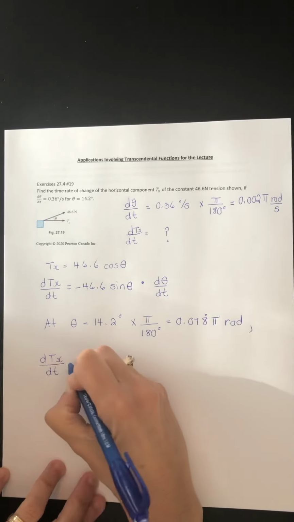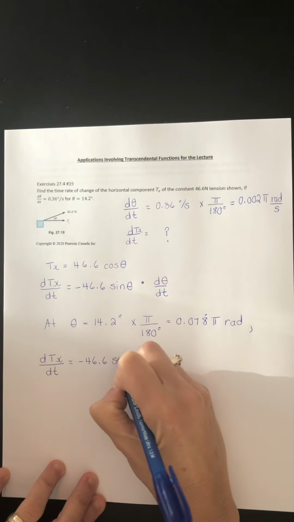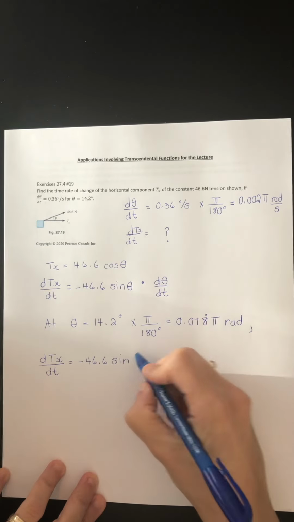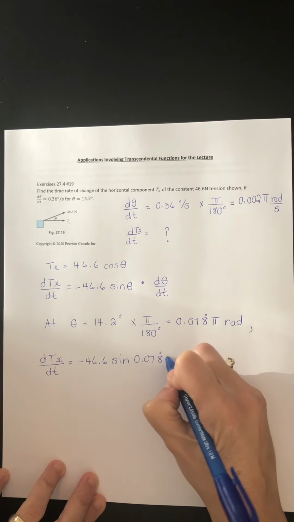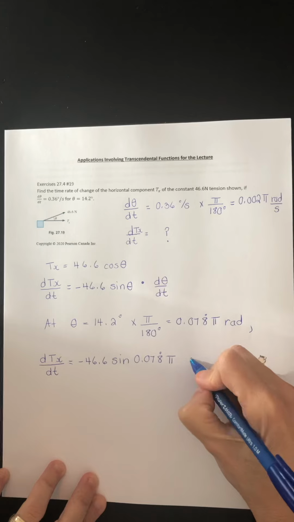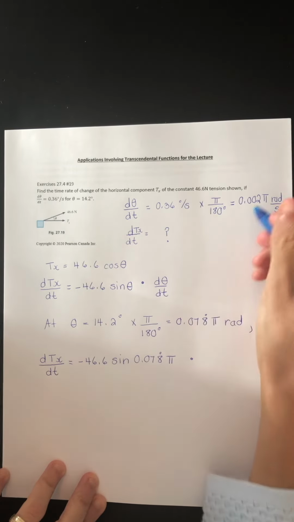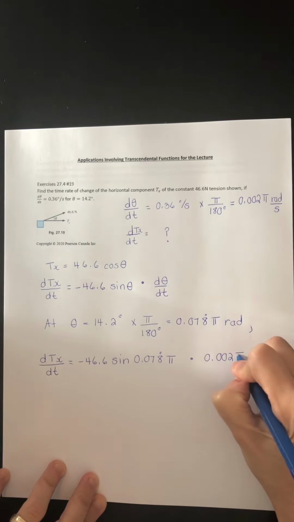at x. So we do negative 46.6 times the sine of 0.078 repeated pi. And then we multiply that by this time rate of change, which is here, 0.002 pi.